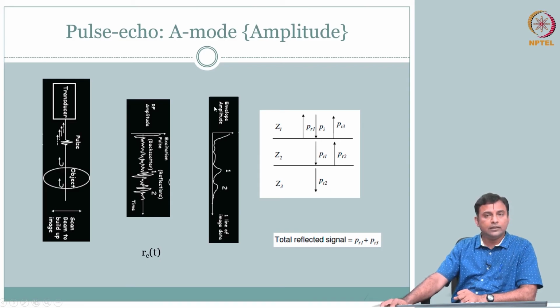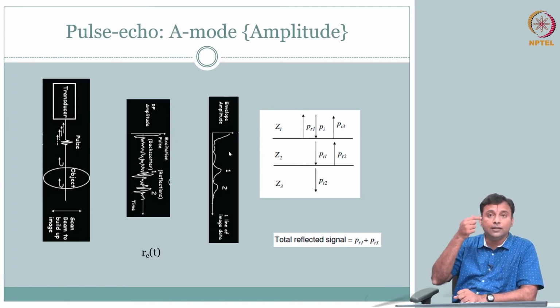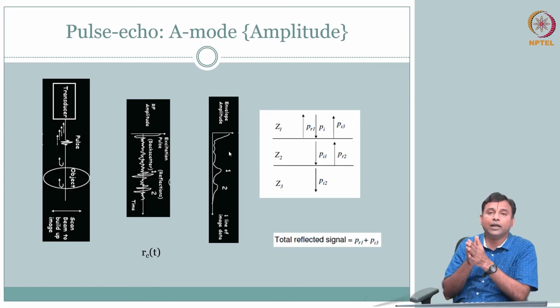This is not routinely used in imaging, but there are applications where this is used, for example, retinal detachment in your eyes. I can send the wave through my eyes, keeping the transducer outside the eye. If there is retinal detachment, what happens?